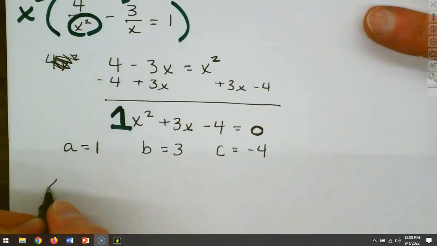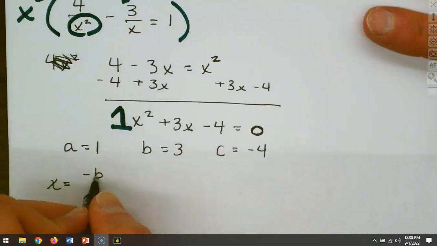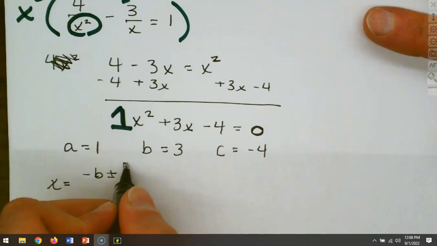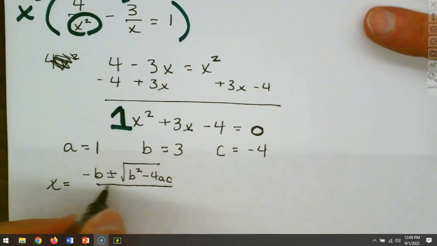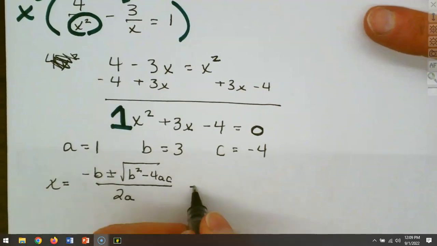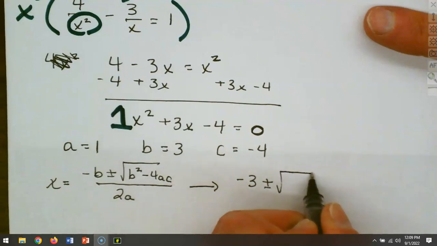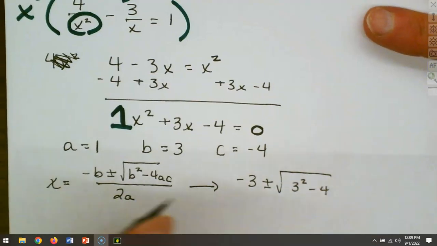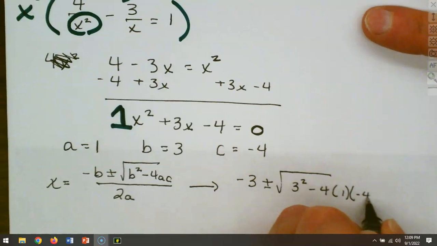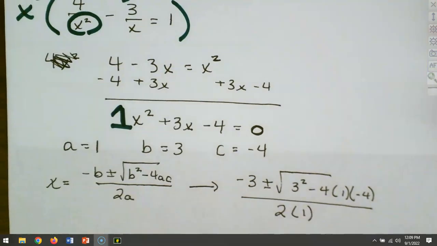And now we're going to write up our quadratic formula, which again is x equals a negative b plus or minus the square root of b squared minus 4ac, all over 2a. And we plug our values in. So minus 3 plus or minus the square root of 3 squared minus 4 times 1 times a negative 4, all over 2 times 1.